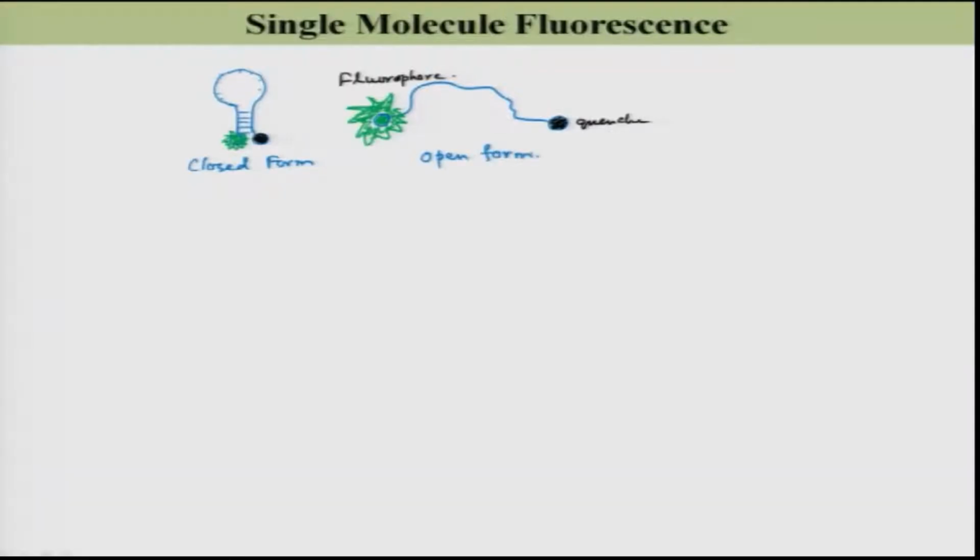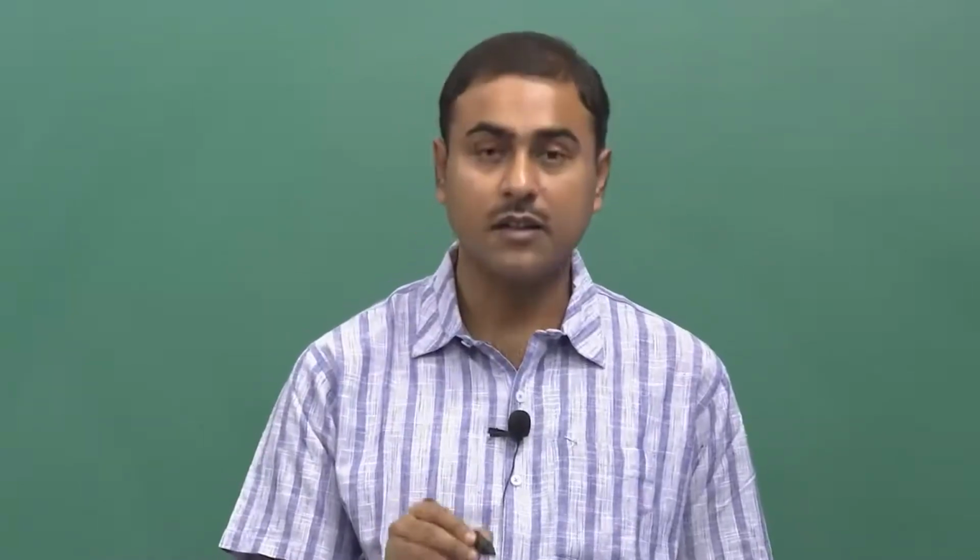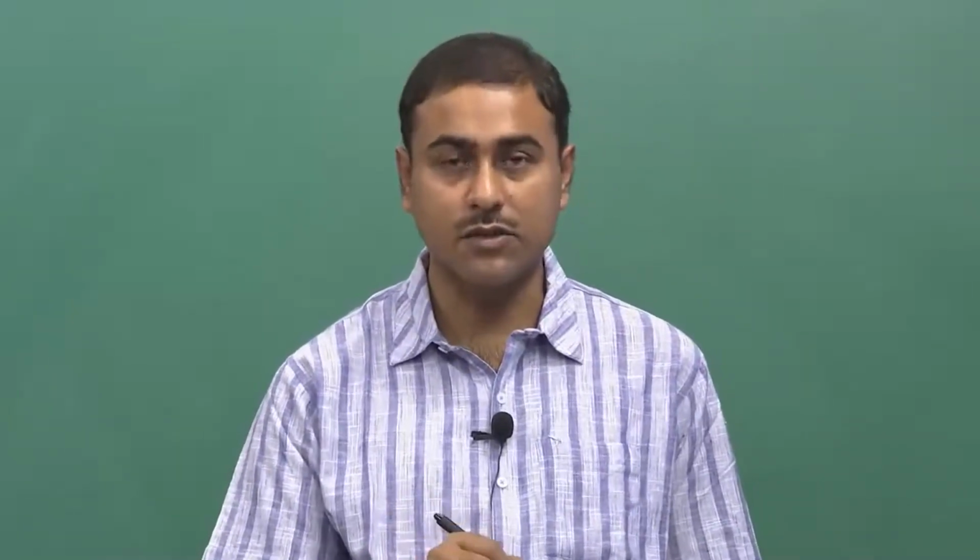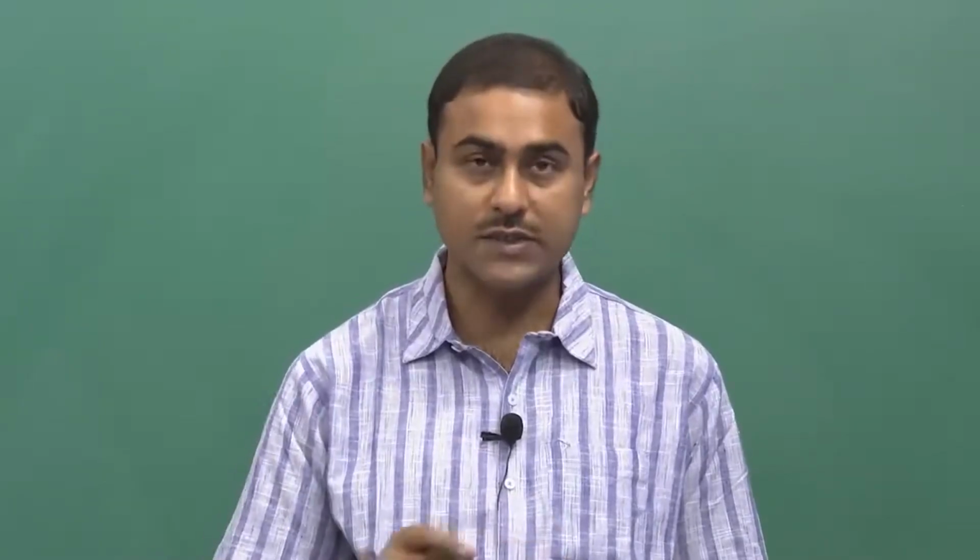Consider that I know the emission spectra of this closed form and this open form. Understandably, the fluorescence intensity of this closed form will be much smaller and the fluorescence intensity of this open form is much stronger.